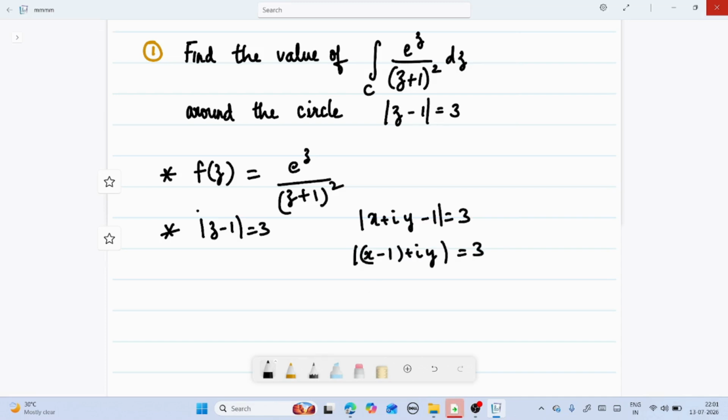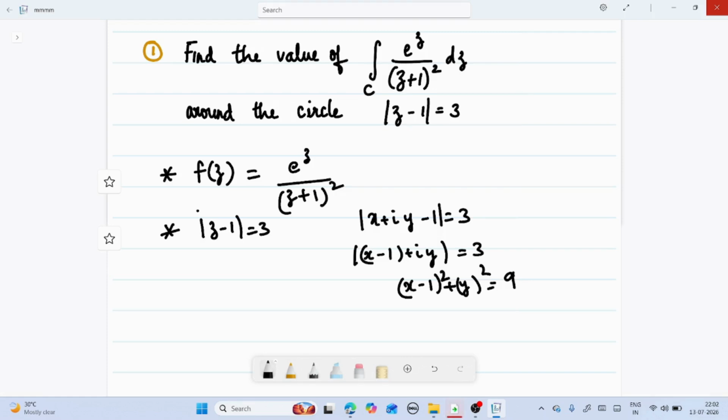So this is how the equation becomes. Here you can find the modulus and you will get a circle equation with center at (1, 0) and radius 3. It is of the form (x minus a) the whole square plus (y minus b) the whole square equal to r square. So now here is the circle.